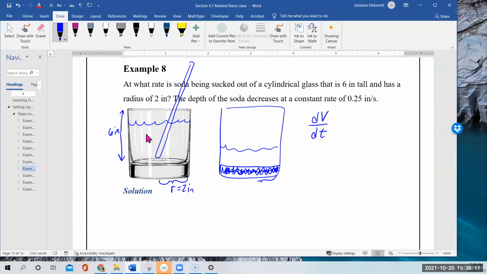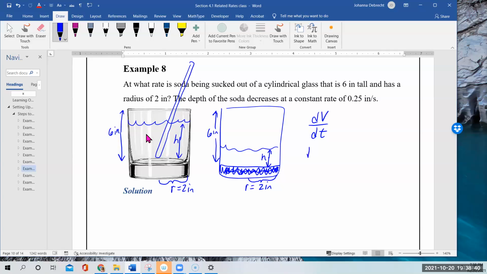That's not going to change either at the beginning or later on. The radius will always be 2 inches, and the height of the glass will also always be 6 inches. The glass does not change dimensions. The depth of the soda, well, then you're talking about the height of the soda inside the glass. Well, now that is changing.